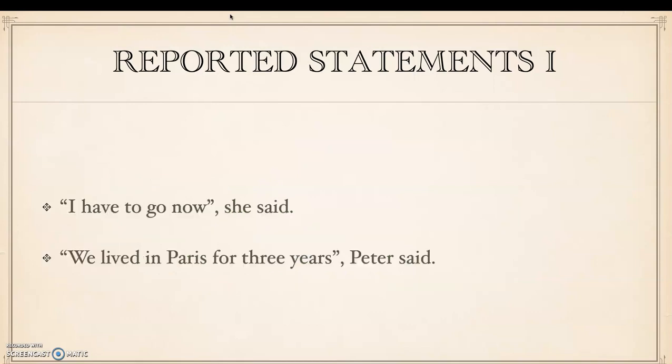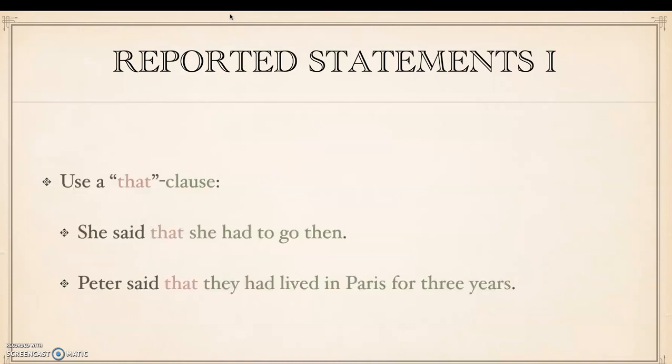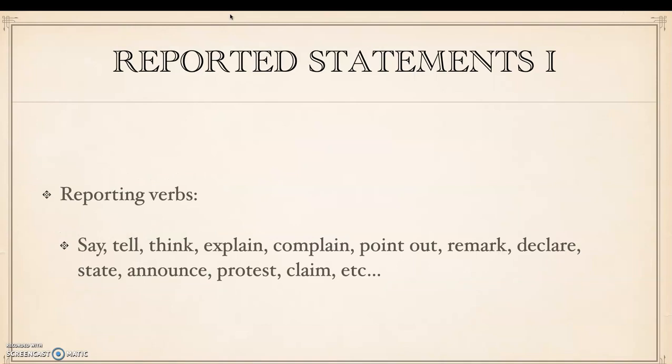The other example, we lived in Paris for 3 years. Peter said that they had lived in Paris for 3 years. Okay, we need the word that to introduce statements. Reporting verbs, remember the verbs in the main clause can be say and tell.